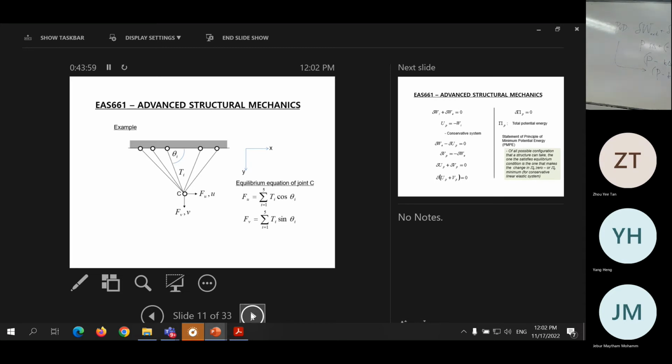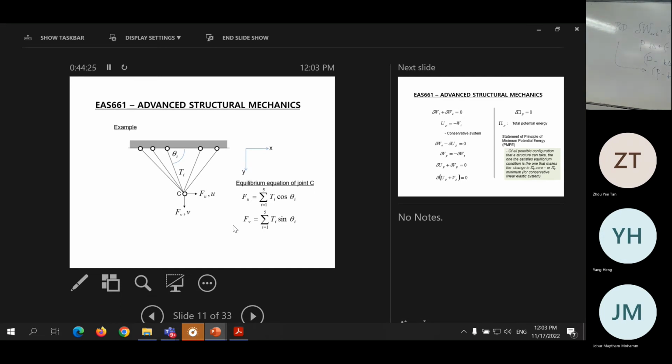Now we try to get this by using PVD. We try to get this equation by using the principle of virtual displacement. This one we can derive by applying the classical definition of equilibrium. We find the equilibrium of forces in this direction, you get the first equation. You find the equilibrium of forces in the y direction, you get the second equilibrium equation.